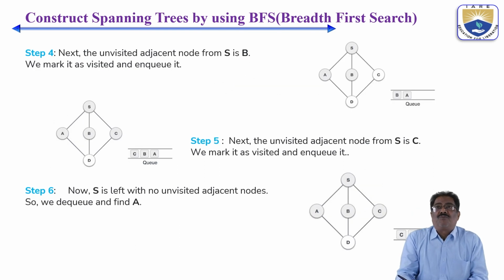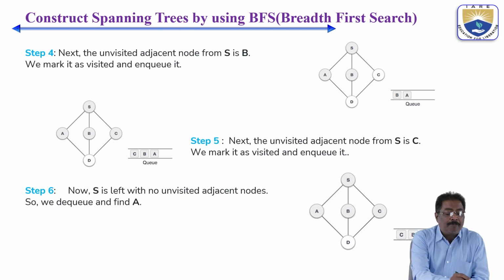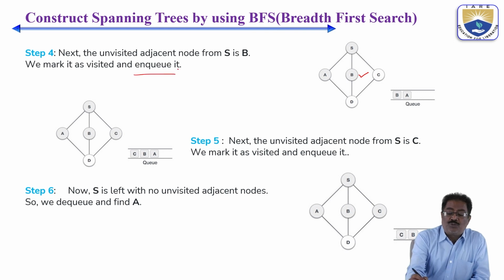Next, the next unvisited vertex which is adjacent to S is B. We visit B and enqueue it.